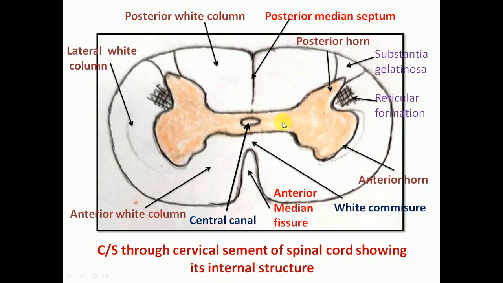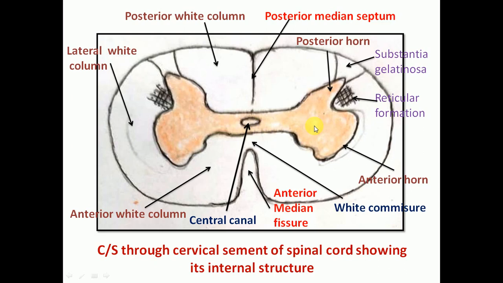Now this central H-shaped, butterfly-shaped gray matter is connected with each other via the transversely situated gray commissure, and around the central canal of the spinal cord there is the presence of substantia gelatinosa centralis.